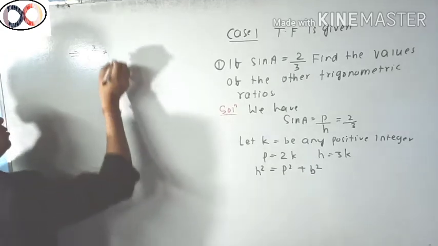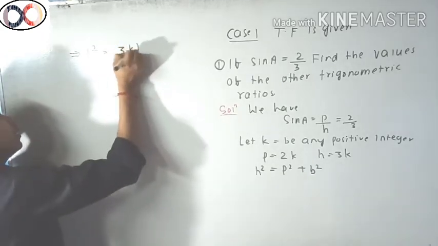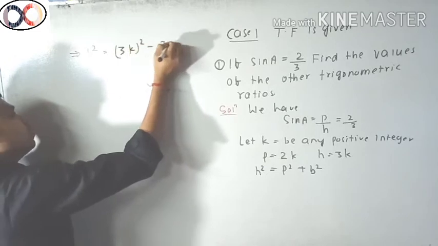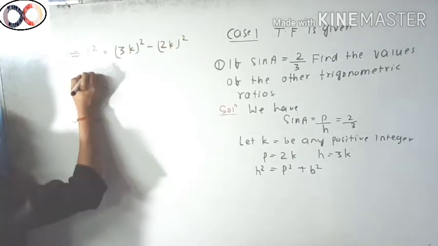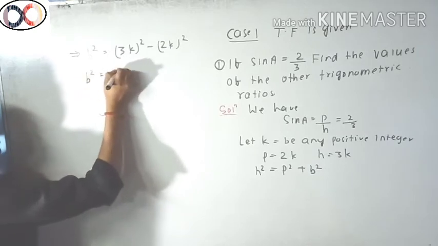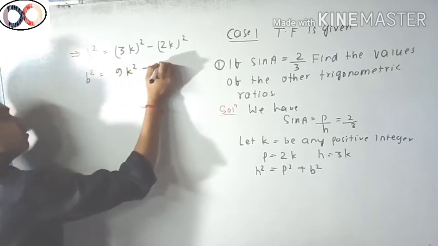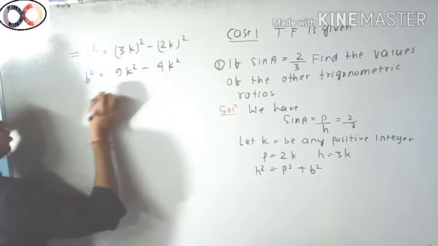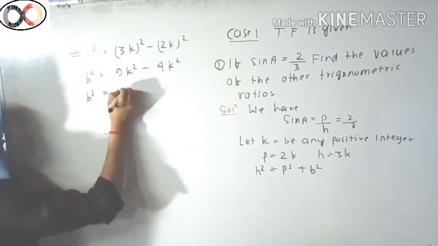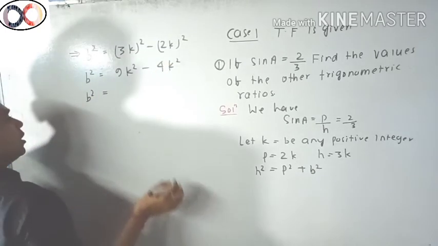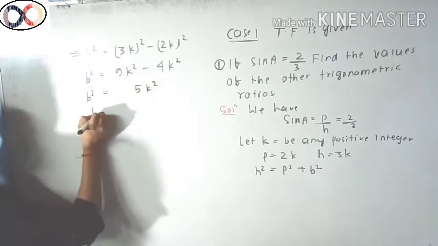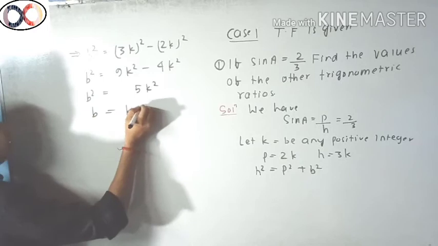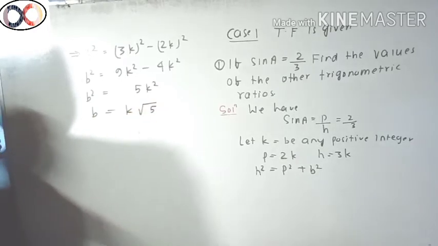The value of H is 3K, so (3K) square minus (2K) square is 9K square minus 4K square. So B square equals 5K square, and B equals K root 5.